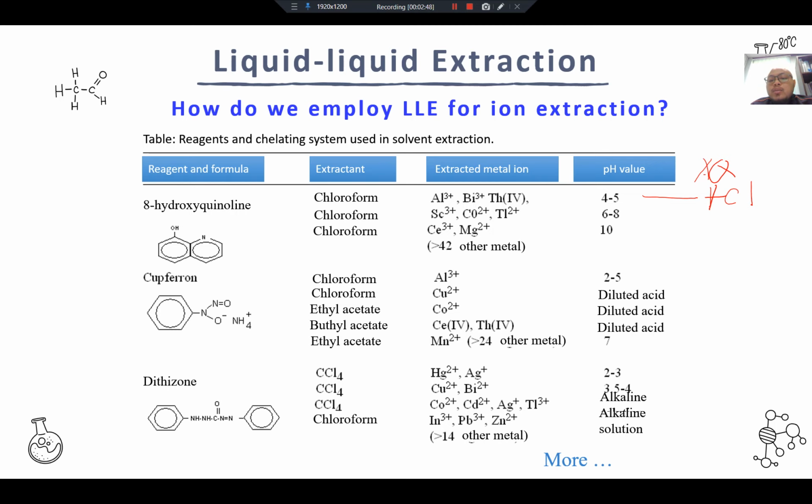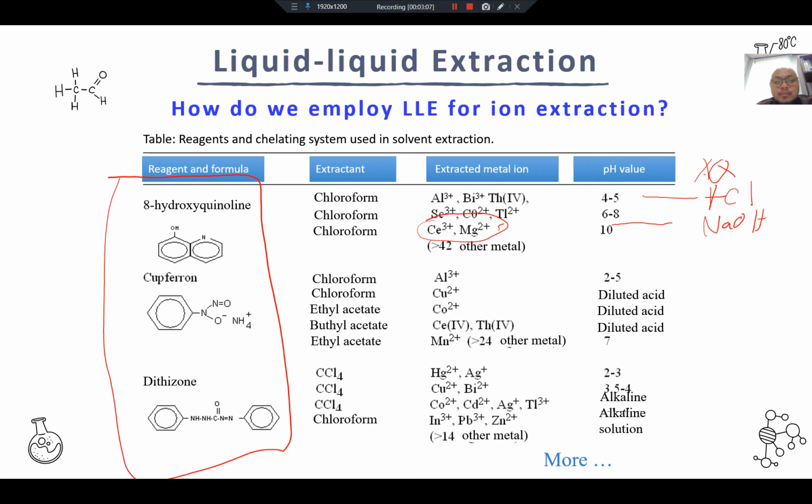Let's say you want to extract Mg2+, but it's basic, so you can adjust using sodium hydroxide. So you need to be creative, very creative. So that is the example. Here we have this particular compound that is required to extract this. Here they are using complexation, a complexation reaction.